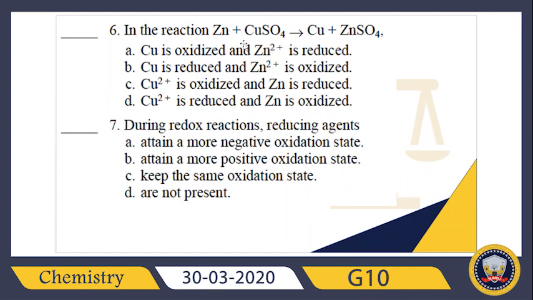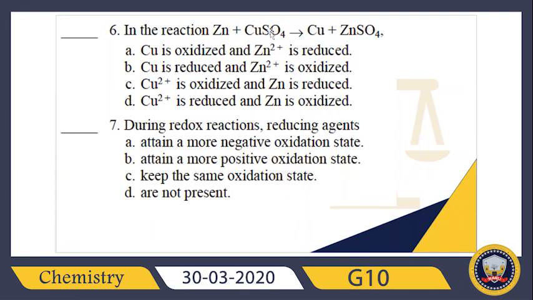Now you can see here, Zn goes from a pure element to bonded, so from 0 to 2 plus. The oxidation number has increased. So Zn was oxidized. What about the Cu?